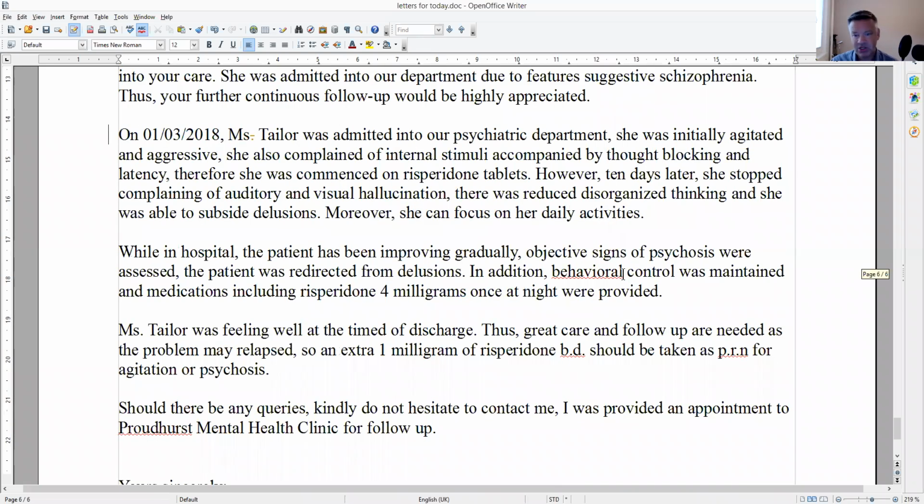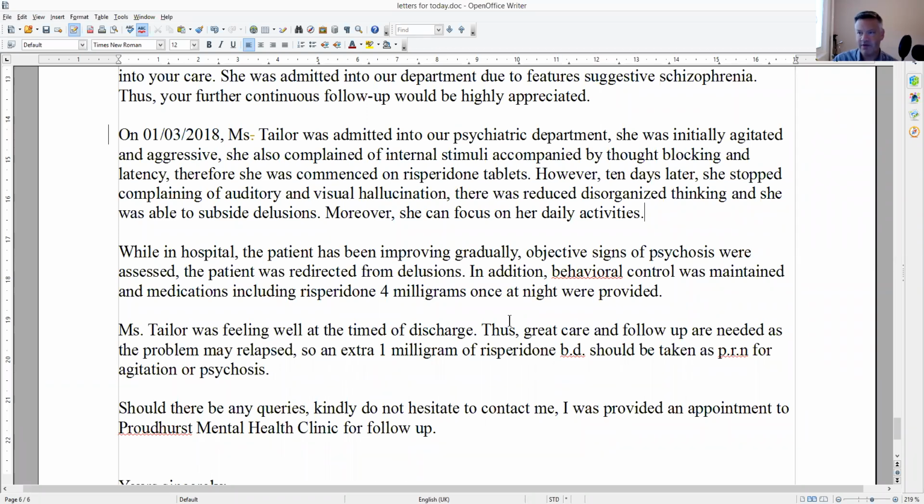Okay, while in hospital, the patient has been improving gradually. Well, this seems to be saying the same thing as the previous sentence. So you said, on the first, she came in and she had blah, blah, blah. However, 10 days later, so this is while she was in hospital, she stopped complaining, reduced it, and she could focus. So then you say, while in hospital, she's been improving gradually. This is basically saying the same thing as what you've just said.